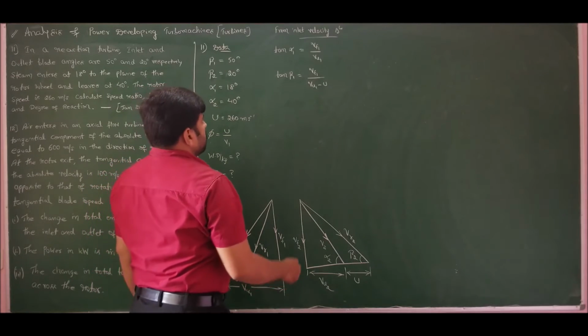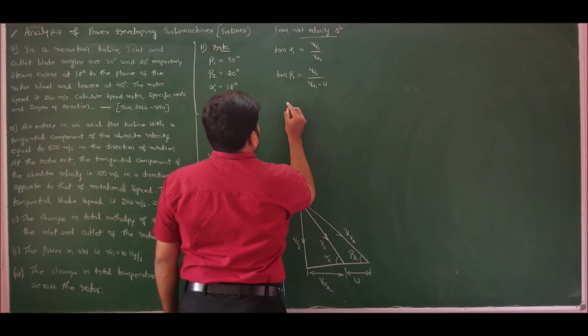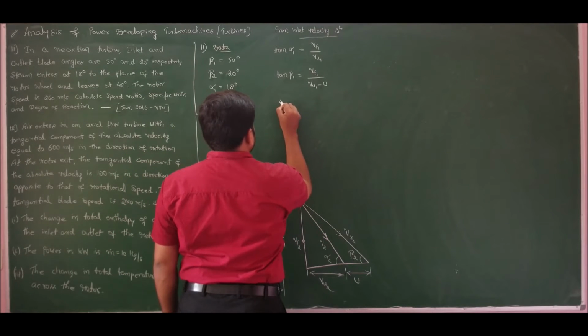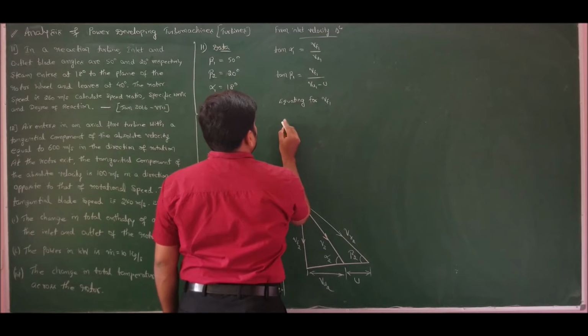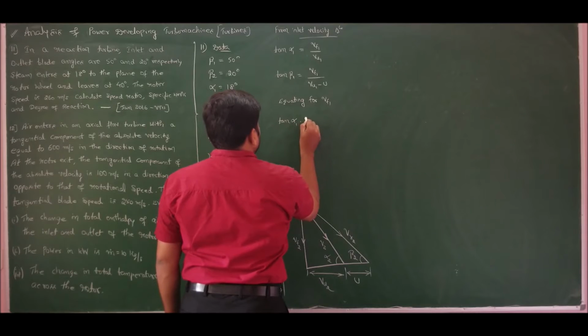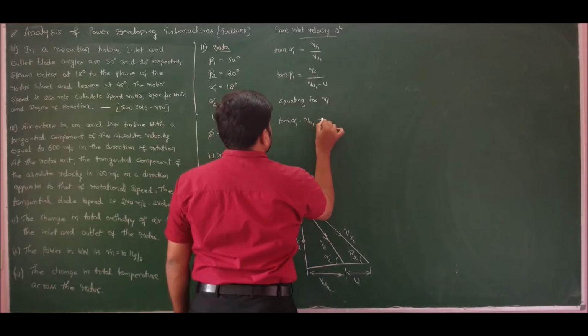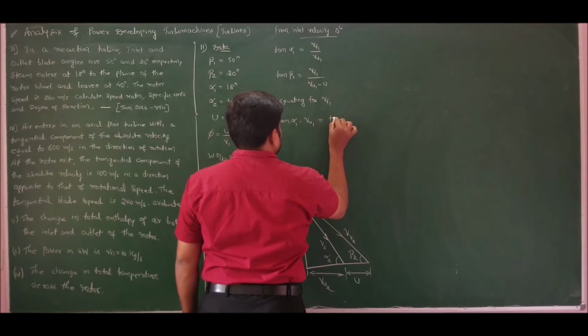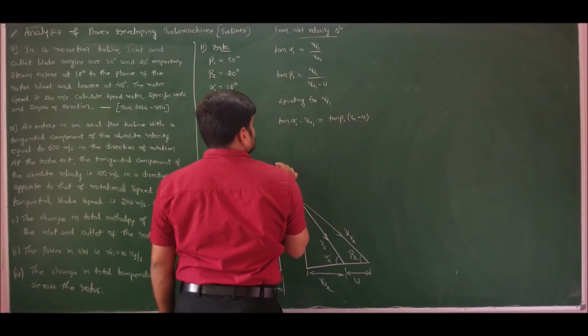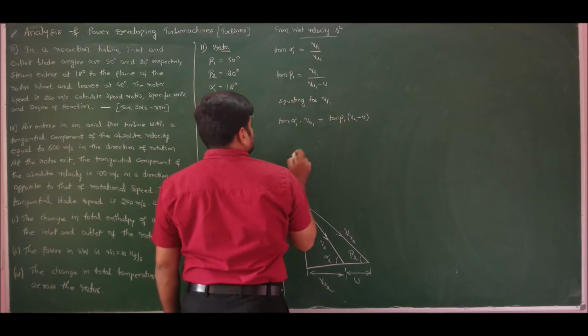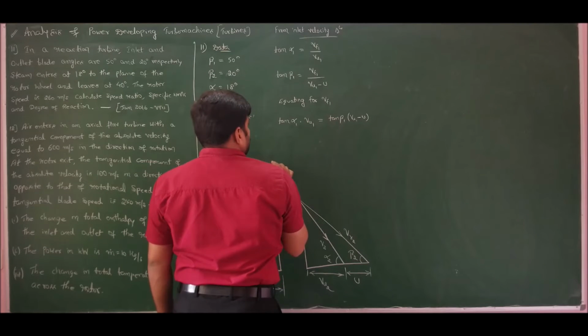If I equate for Vf1, I can write tan alpha 1 into Vu1 is equal to tan beta 1 into Vu1 minus U. If I solve this, I can find the value of Vu1.